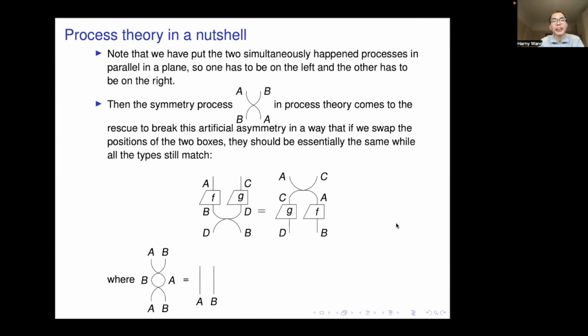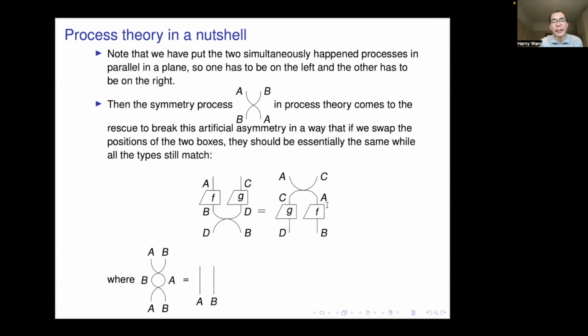So I just introduce swap. They should be essentially the same, but not exactly the same. They can't be exactly the same because the type on the top is AC. If you just change place from FG to GF, then the type should be C and A, so they're not in the same order.